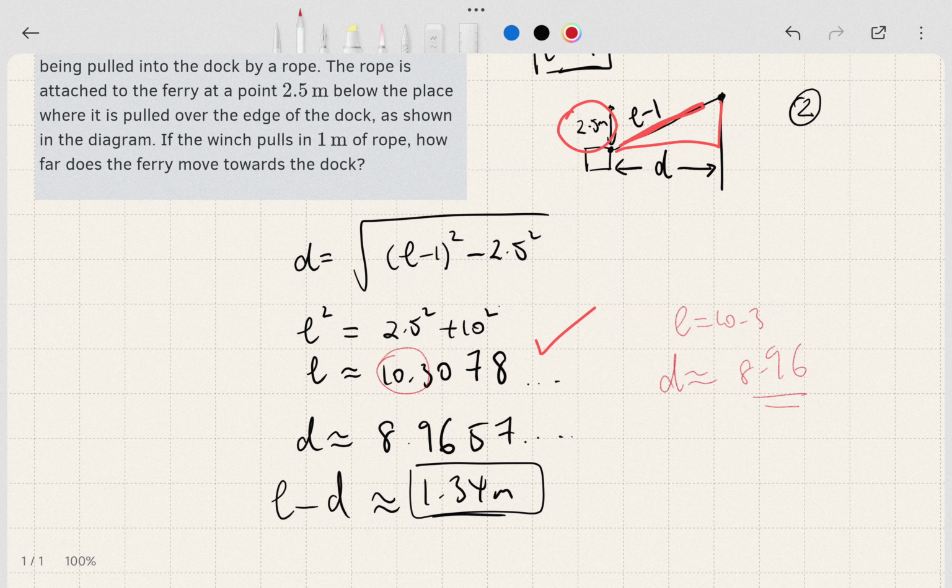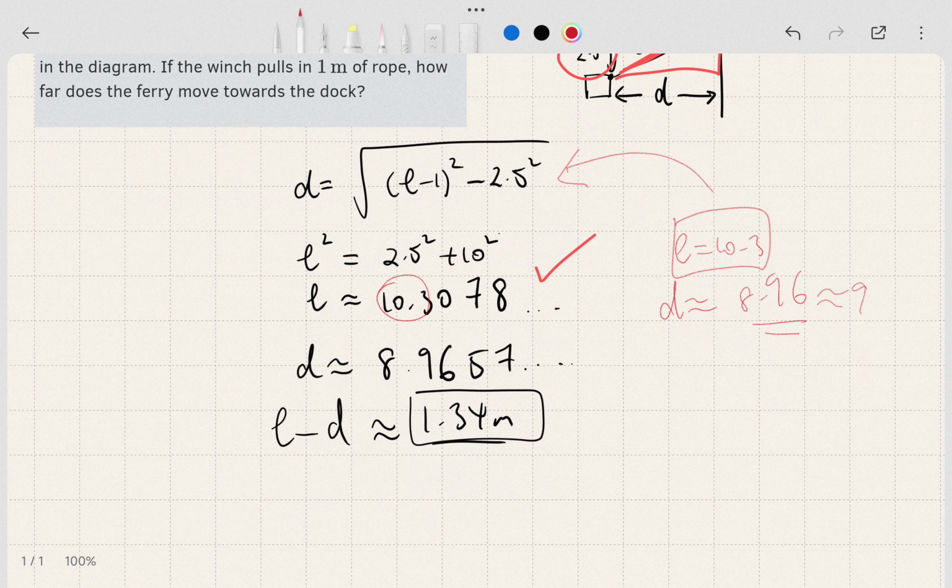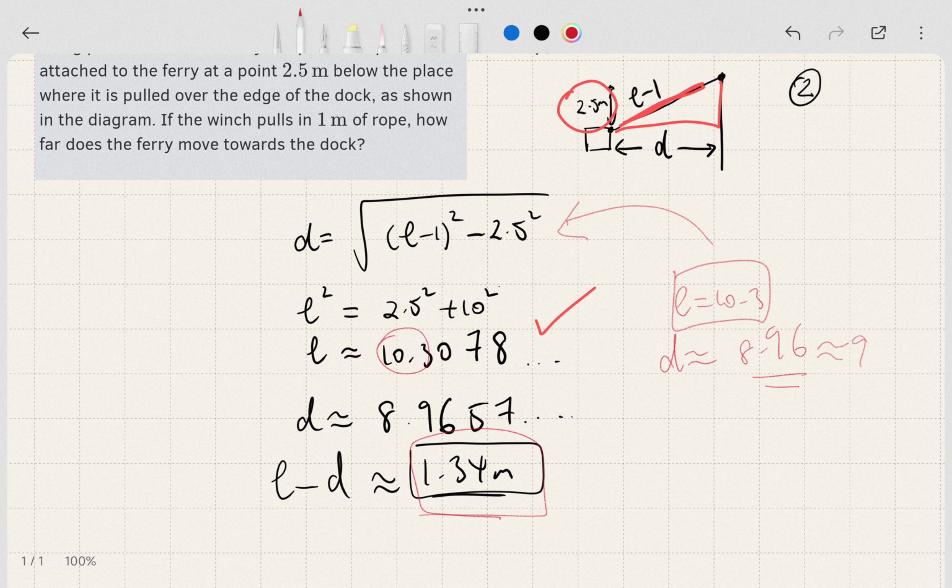I'm thinking perhaps if you take L as 10.3 and plug it into this formula, you would get something about 8.96, which is approximately equal to 9 in this case. But yeah, I think that's the answer to the question at 1.34 meters.